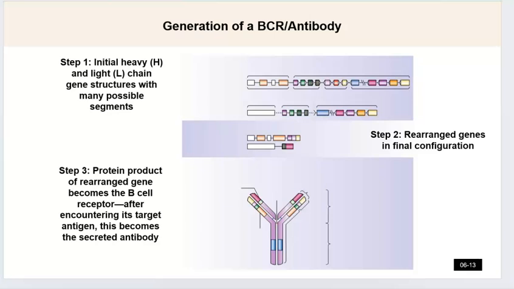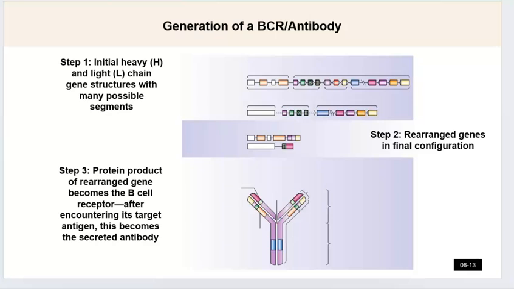The idea of gene rearrangement and the generation of the BCR antibody: how does the B cell receptor generate its antibody is what we're talking about here. In order to produce such a wide variety of BCRs, we have to be pretty tricky in the human body to circumvent the need for so many different specific types of antibodies.